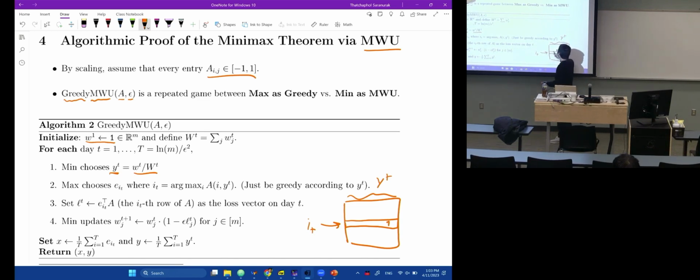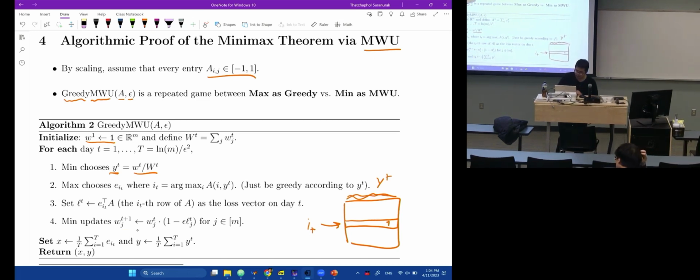So this is the loss vector on day t, and the min player just updates the weight according to the weight update algorithm, like before. If the loss is big, decrease the weight a lot. So just update the weight on each column.